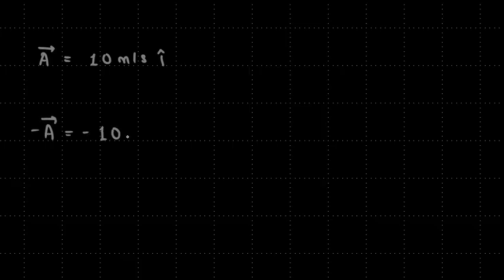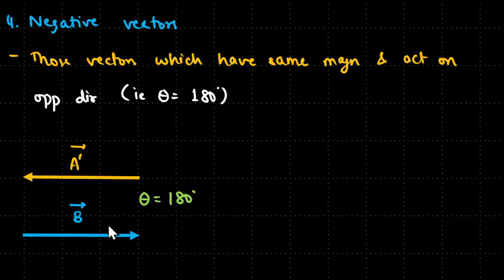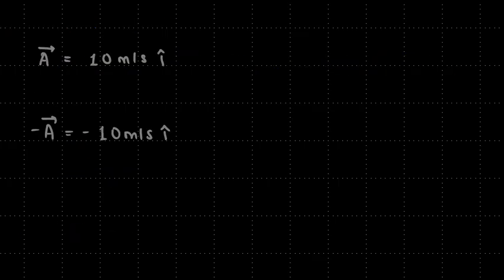So it will be minus 10 meter per second i cap. So this B right over here is actually just negative A vector. That's why it's called a negative vector, since you get the vector by adding a negative sign. So this is the vector and this is its negative vector.